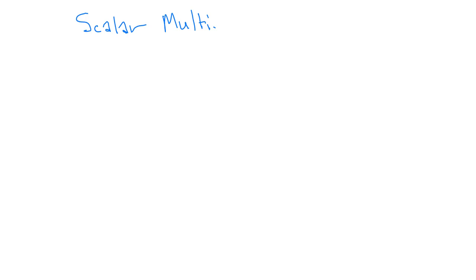Essentially, let's say we have some value c, which is a scalar, and a vector v.